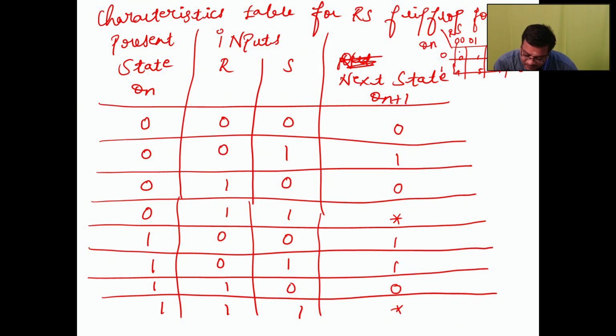The entries are 0 1 0 1, don't care 0, 1 1, don't care 0. Is it correct? Okay. So we can form a quad here and a pair here. So Qn plus 1 equals S plus Qn into R bar. Qn into R bar is the final term for Qn plus 1. So Qn plus 1 equals S plus Qn R bar.